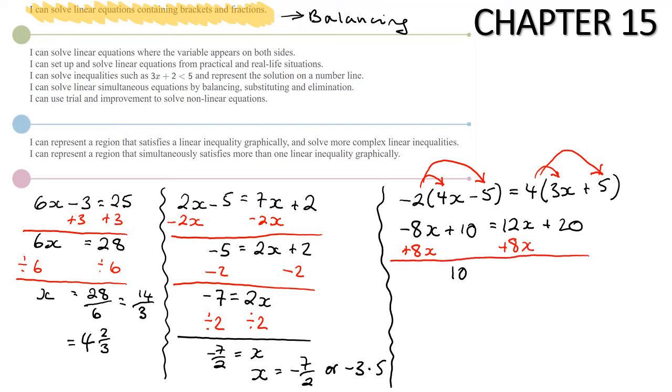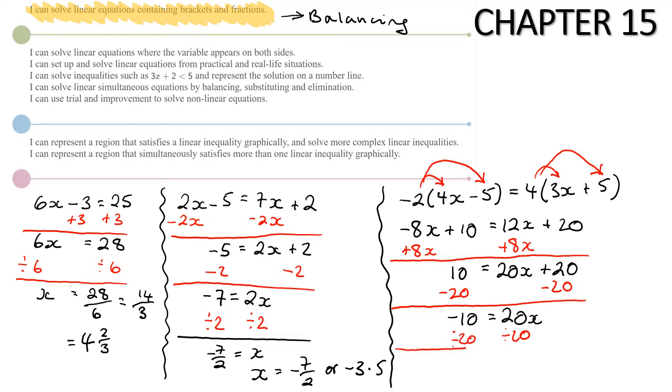So I'll have 10 equals 20x plus 20. I will take away 20 from both sides. So that will give me, well, 10 minus 20 is negative 10 equals 20x. Then divide both sides by 20 like this.